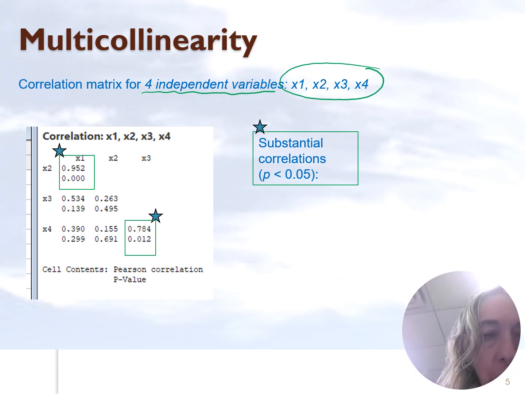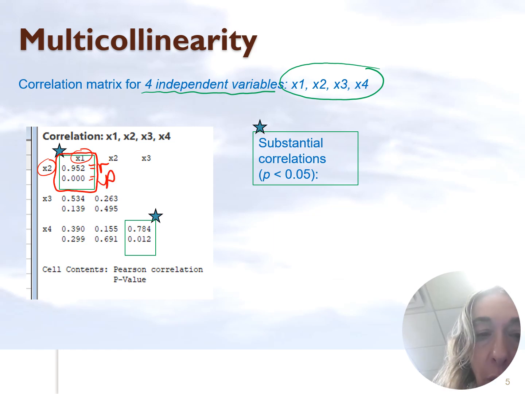Let's look at the one I have boxed right here in the upper left. This is the cell for the correlation between x1 and x2, and as you can see, the correlation coefficient itself is large at 0.952, and then below that is the p-value.